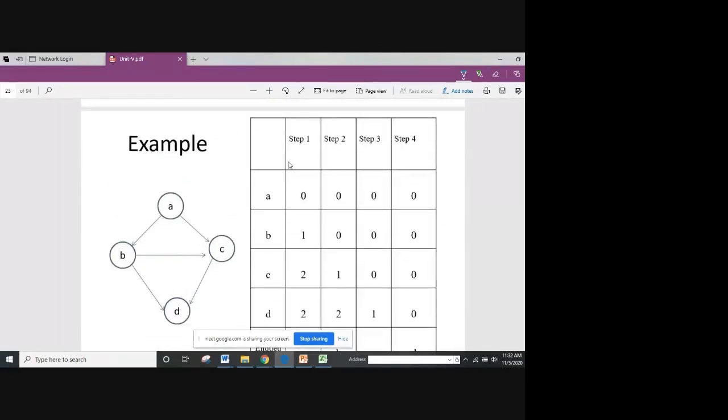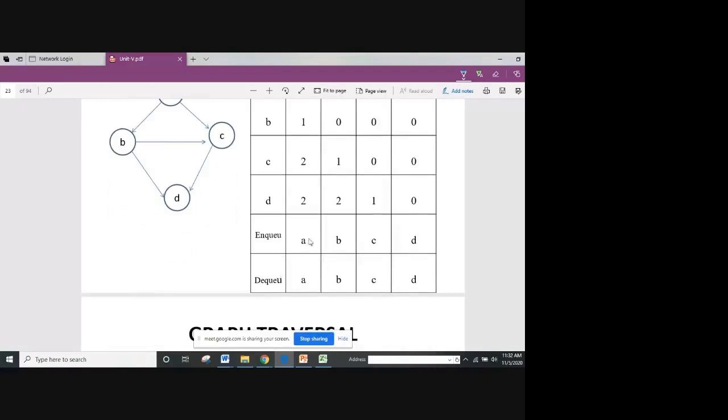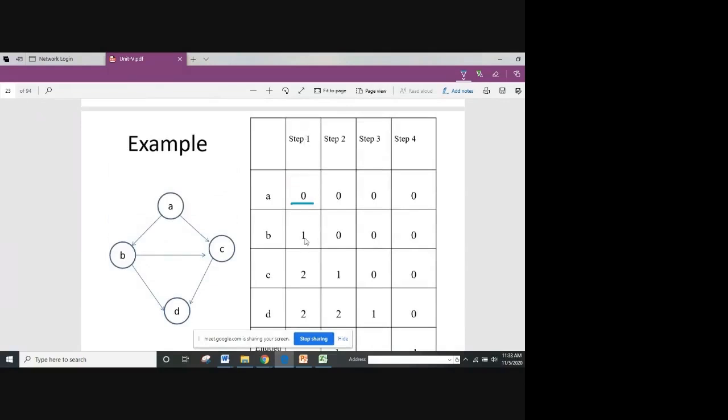Now see here. For A, B, C, D, look into the first step alone. What is the in-degree of A? 0. What is the in-degree of B? The first step is to find the in-degrees. If they give a graph like this, first you draw a table that contains NQ, DQ, everything, initially plain.